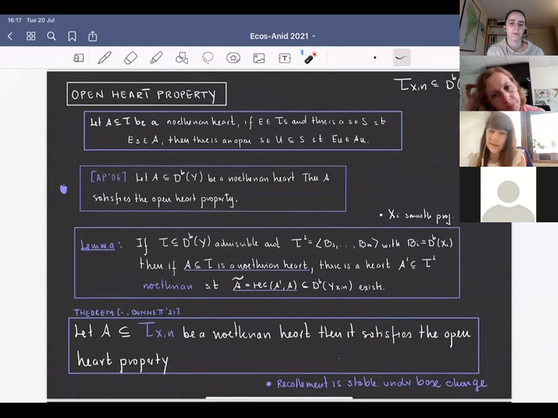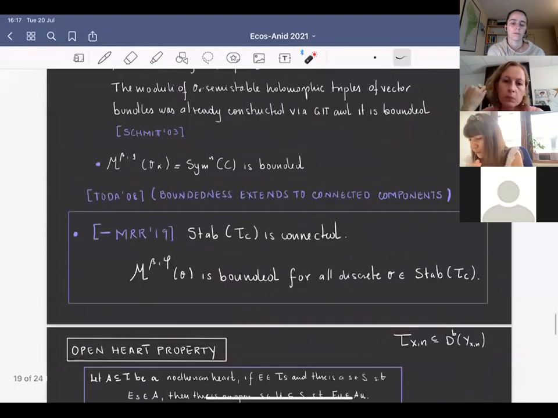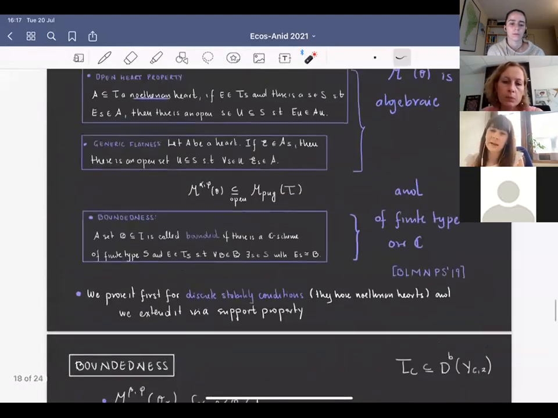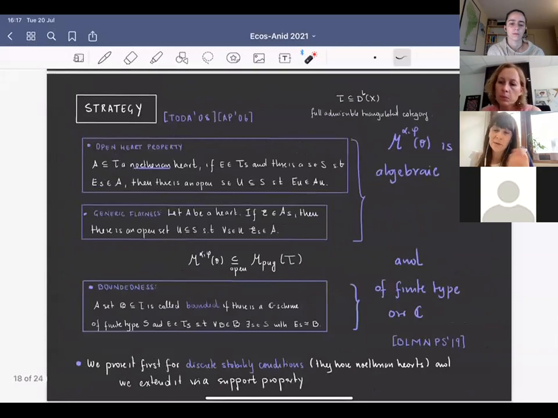And what I want to say is this is really general. This is not only for the chains. This is more or less a strategy to prove the open heart property for admissible subcategories of a DbY. So this is nice in that way.